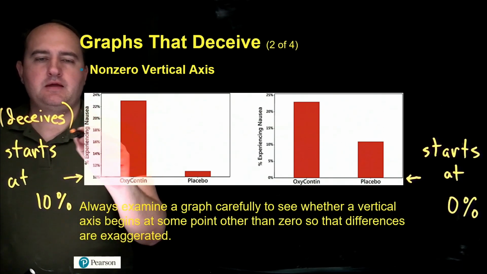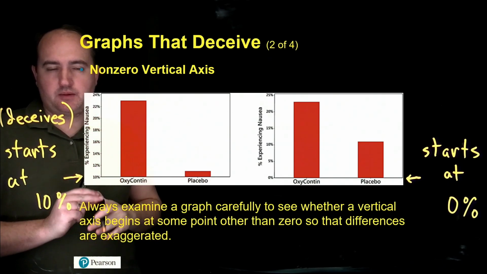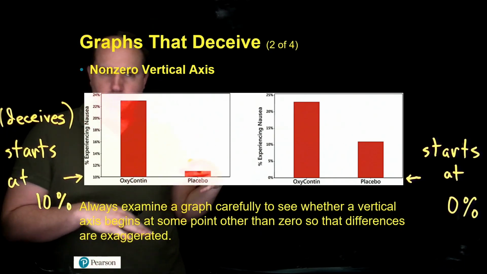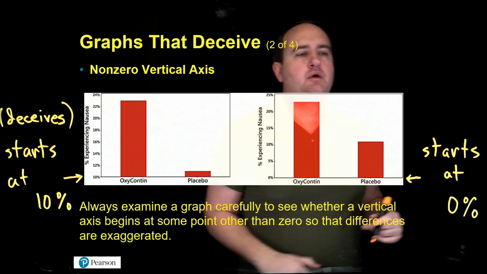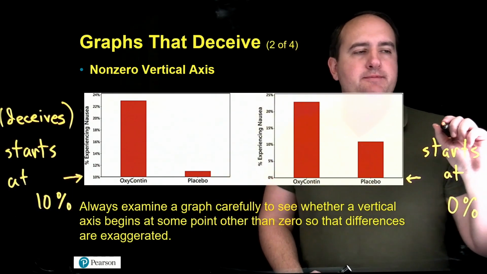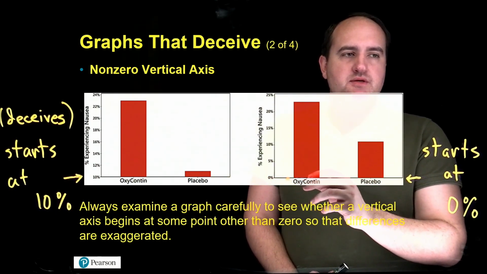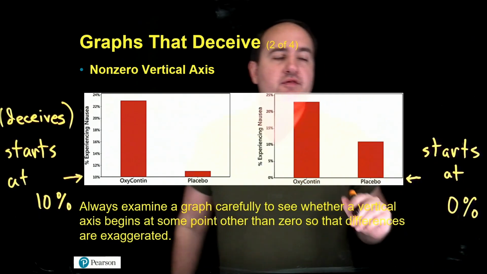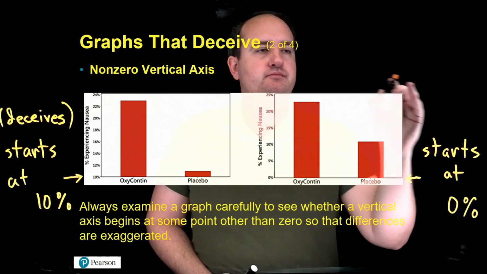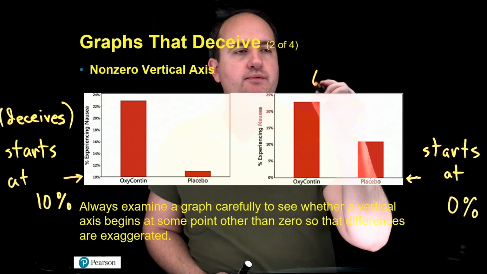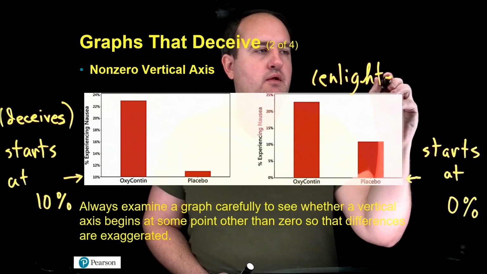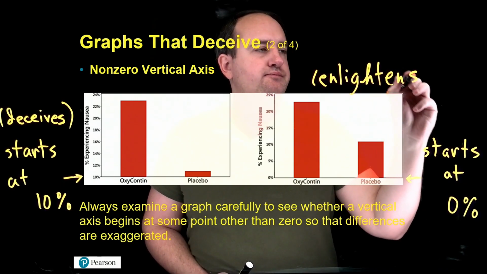It deceives because it starts at a number besides 0, which distorts the relative importance. Whereas this one on the right, because it starts at 0 on the vertical axis, we would say that this is a graph that enlightens. So I'm going to write that up here above this one. Okay, so this is a graph that enlightens.